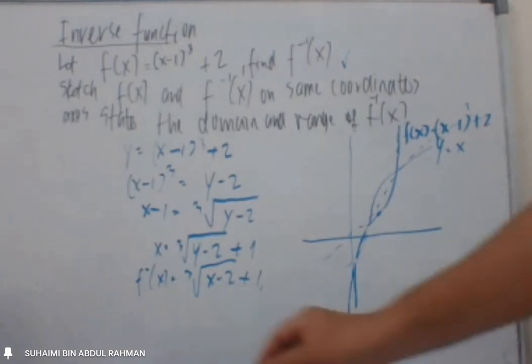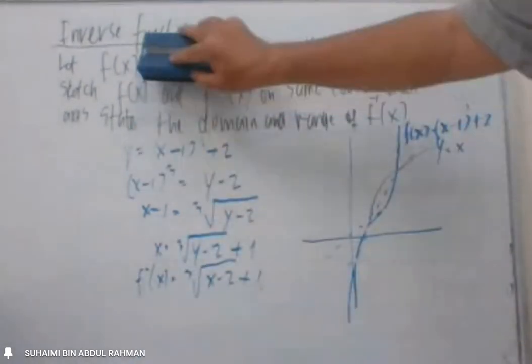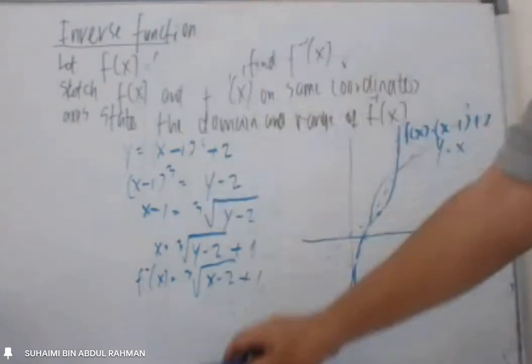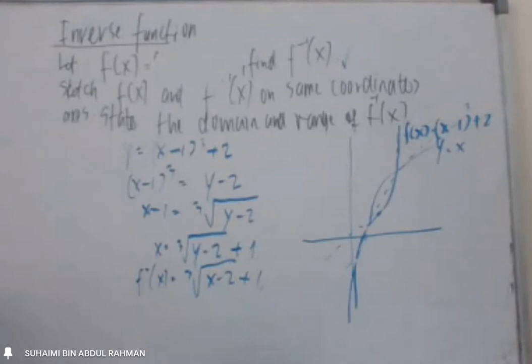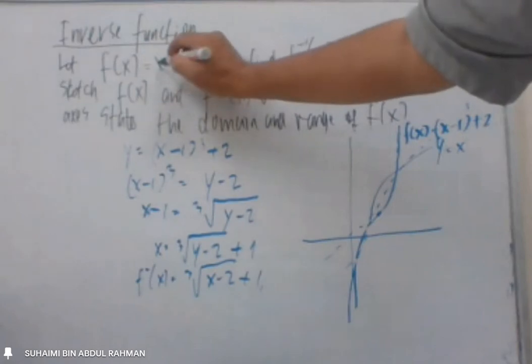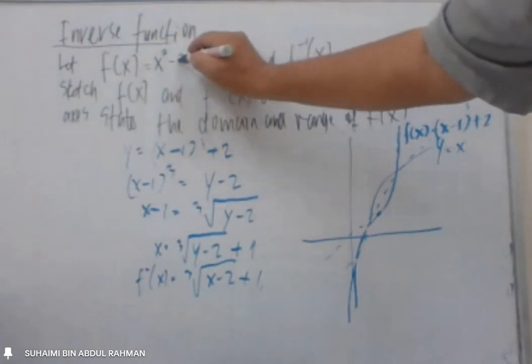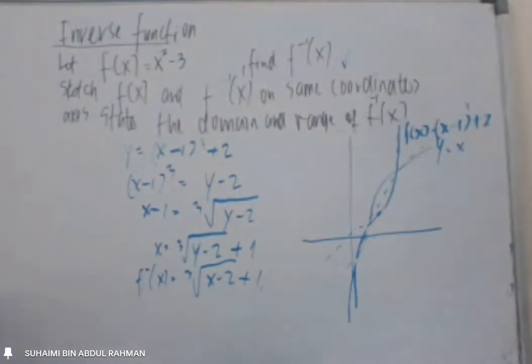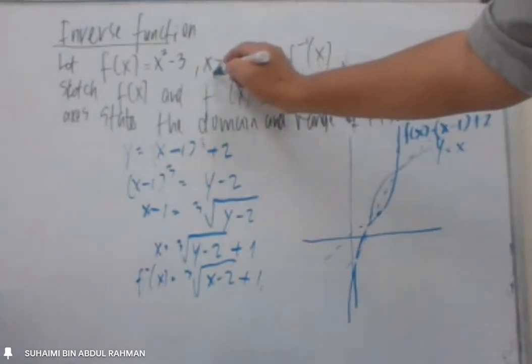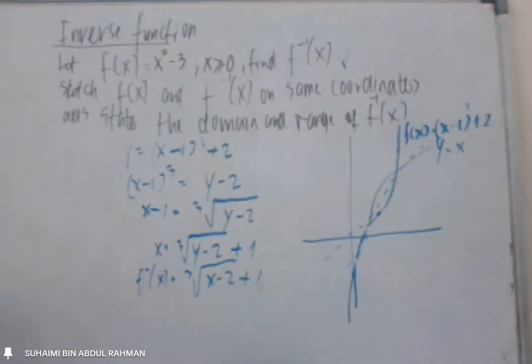Let's say the function is f of x equals x squared minus 3, for x greater than or equal to 0.